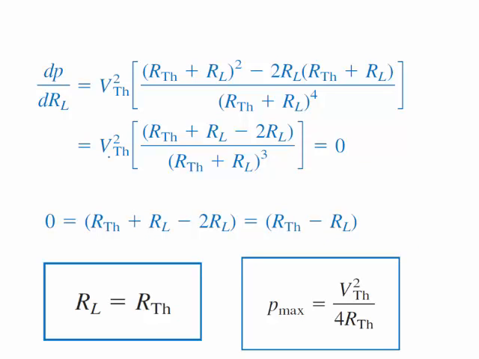There's just the calculus of taking the derivative, set it equal to 0, and when you do that, you indeed find that our load must equal the Thevenin resistance, or the internal resistance of a power supply, and then you have maximum power transfer. If I substitute that back into the power equation, I get a simple equation for what the maximum power transfer is.